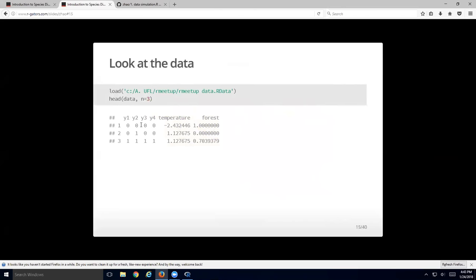So in the first row, he didn't see that species in all the 4 opportunities. And in the third row, he observed the species there every time, which means the species is there, right? But when I look at the second row, you can see he only observed the species the second time.